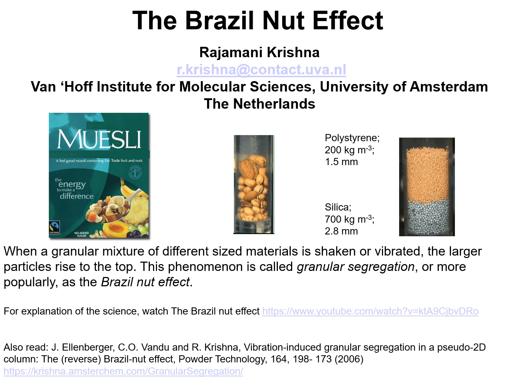I do another experiment in which I take a glass column and fill it with two types of materials: silica particles of 2.8 millimeters with a density of 700 kilograms per cubic meter, colored blue at the bottom, and smaller polystyrene particles with a lower density of 200 kilograms per cubic meter, colored yellow, you might say, at the top.